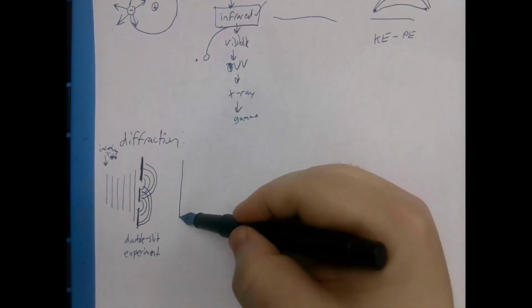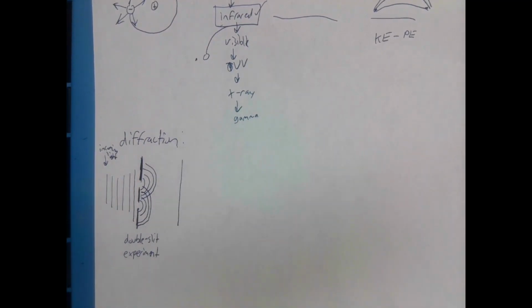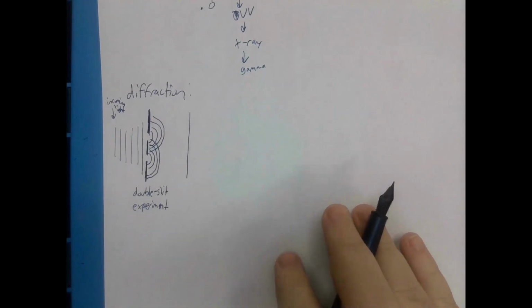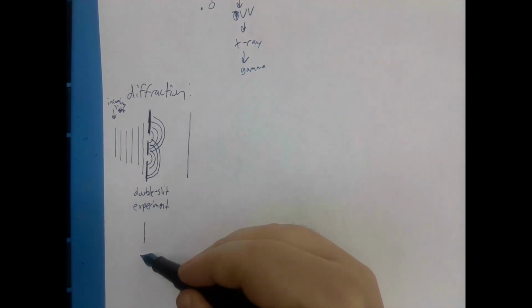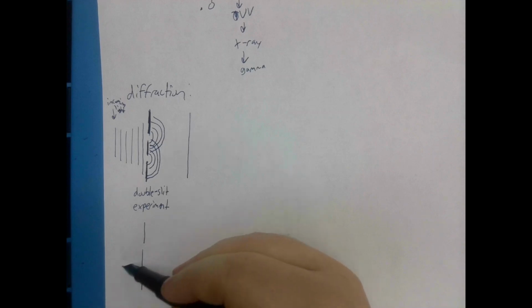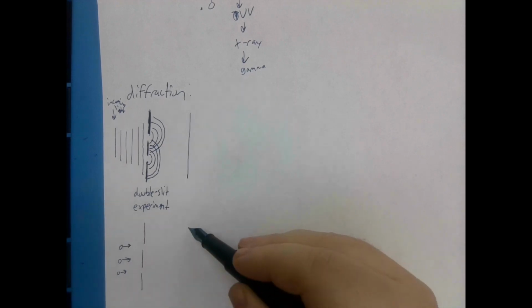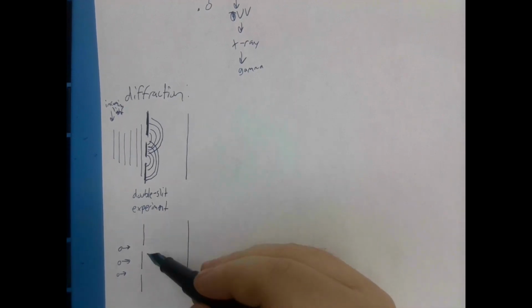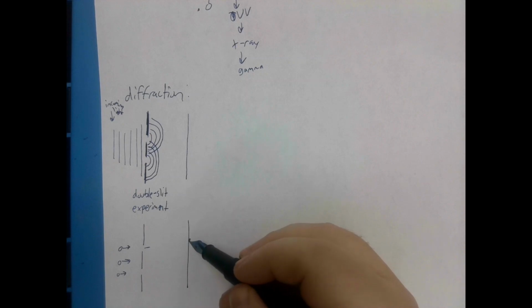Let's say we have a wall. If you were to imagine this as throwing baseballs, if you're throwing a lot of baseballs toward this wall, and we have a projector screen over here, you would see that a lot of impacts will be right here and right here, right?